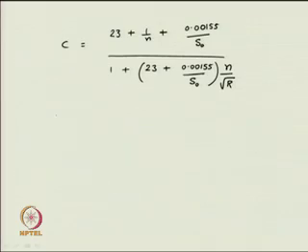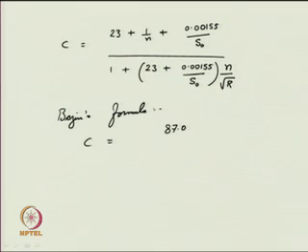Another relationship for determining Chezy's coefficient C is Bazin's formula, where C is given as 87 by 1 plus a coefficient m by root R. So, m is a coefficient depending on roughness. Please note that this is not your Manning's roughness coefficient, this is some coefficient m depending on roughness.